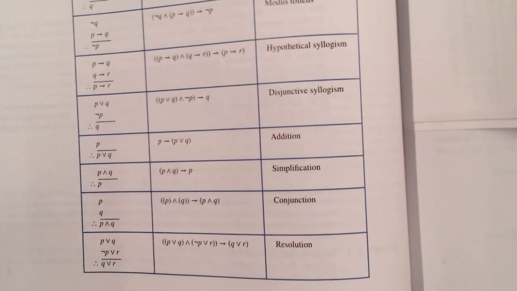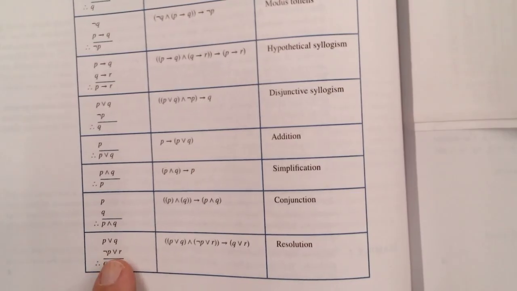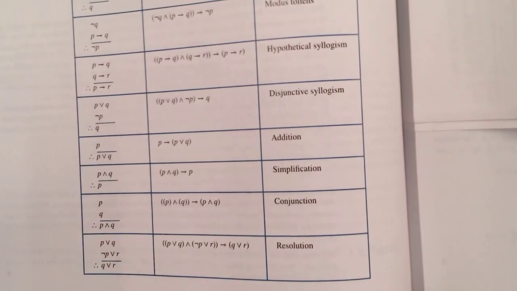P or Q, not P or R. There's an and between those pieces. Those are both premises. I want to and them together: P or Q and not P or R. I've got two ors. Or works when one of them works, right?